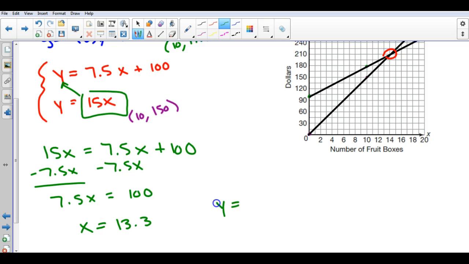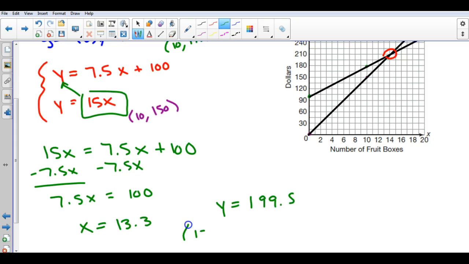If I take y equals, I'm going to substitute the 13.3 back in for x. So 15 times 13.3 comes out to $199.50. So it would come out to almost $200 for where their cost and income would be the same.